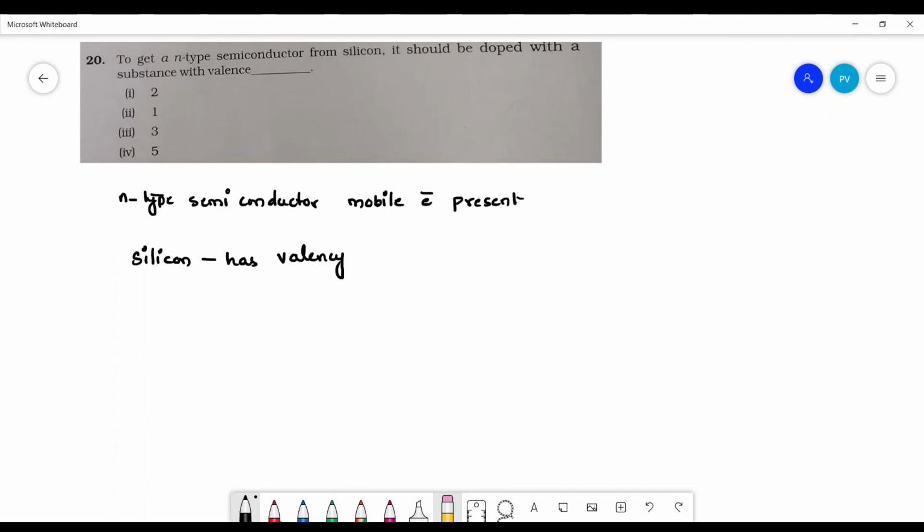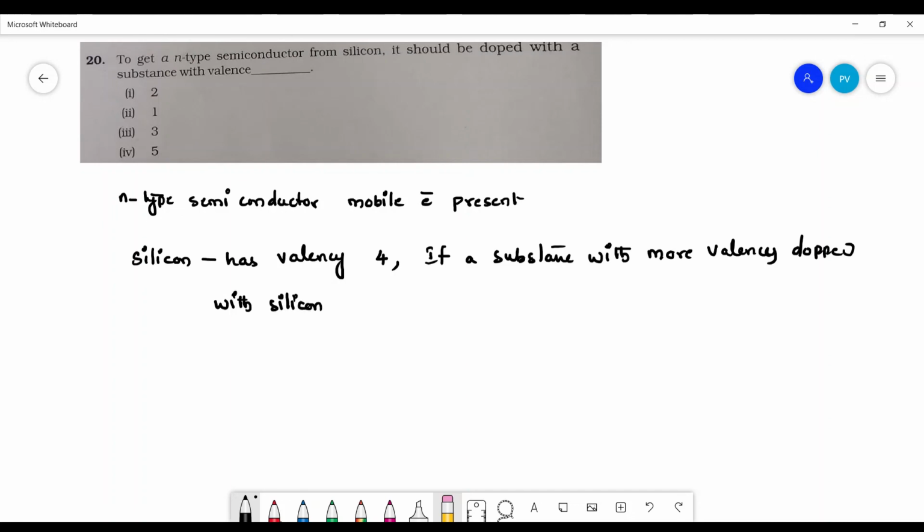If a substance with more than valency 4 is doped with silicon, we have an excess of electrons.